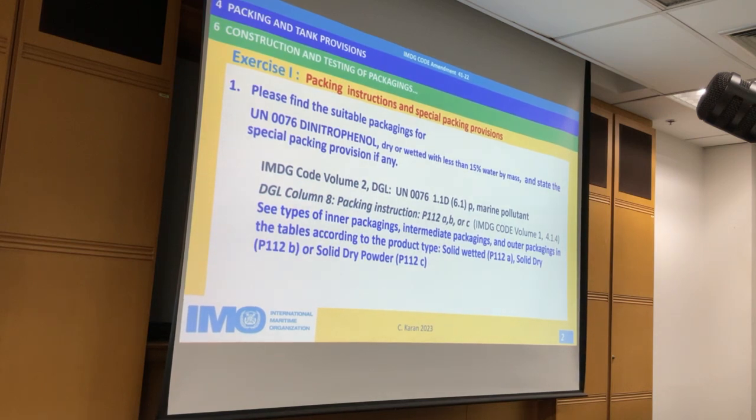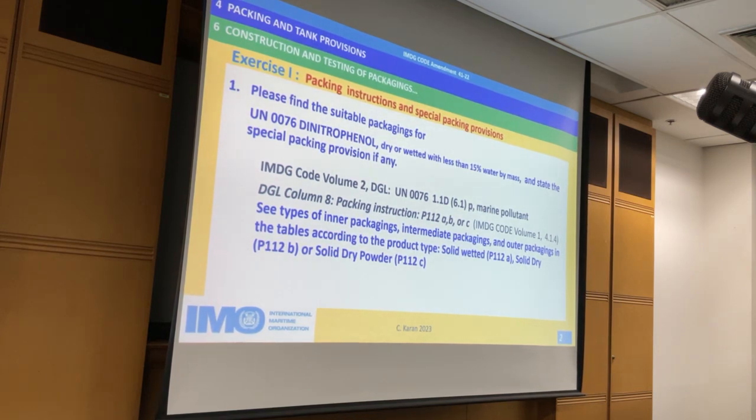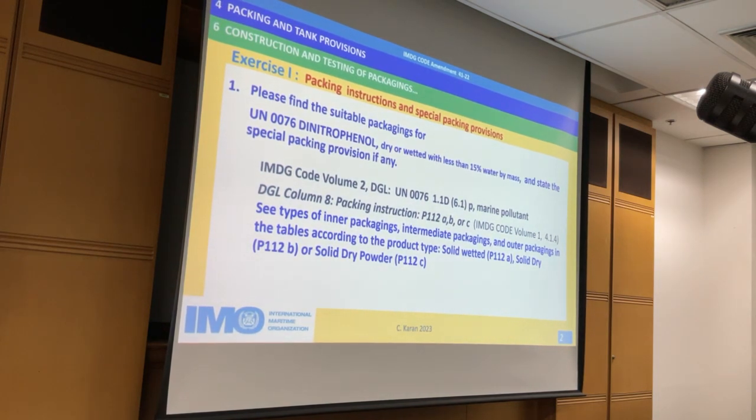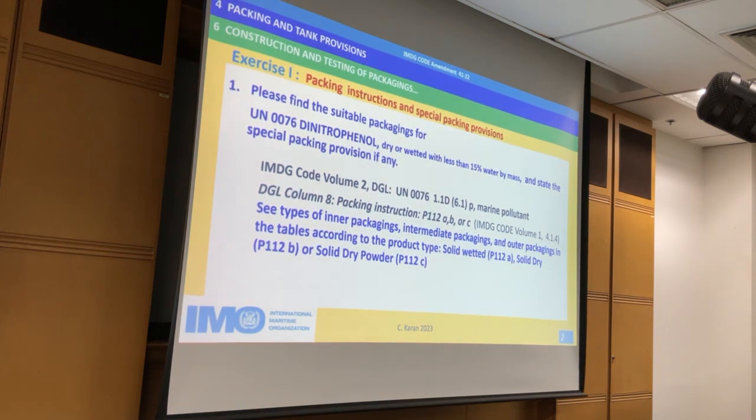The special packing provision PP26 for UN numbers 0004, 0076, 0154, 0216: packagings shall be lead free. Yes, you see, the packaging shall be lead free because there will be a reaction with 0076.